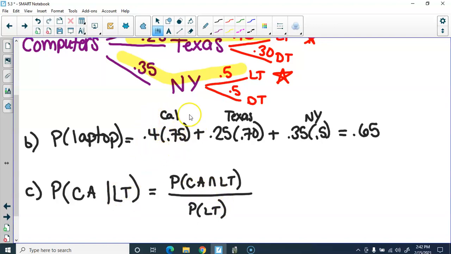Probability of California and laptop is shown here in our work, 0.4 times 0.75, and divide by the probability of having a laptop in general, 0.65, which is what we just found in part B, and we divide that, get 0.462.